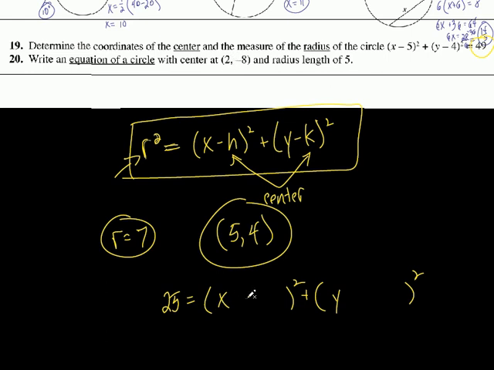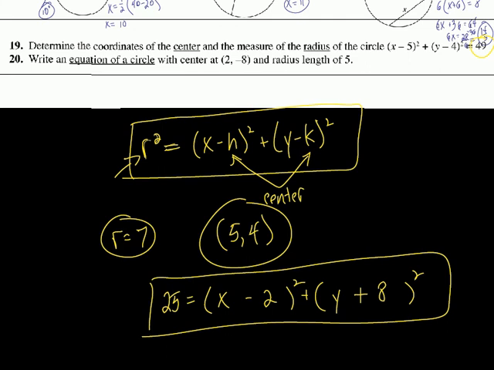So it's going to be what? X minus 2. And then it's going to be y minus the second point. So it's going to be y minus what? Negative 8. What's minus negative? It's plus 8, and you're done. That's it. You could switch around, put the 25 on the right-hand side if you wanted to. That doesn't make any difference. That's just how I like to write it. That's all there is to it. That radius stuff, equation of a circle stuff, is easy, isn't it? Yeah. So there you go.